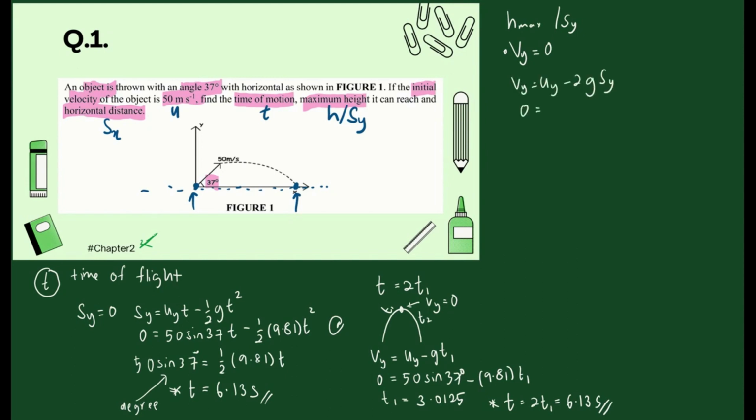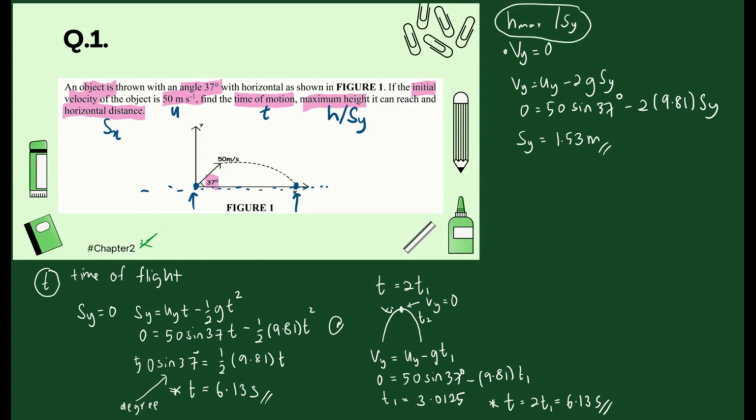So 0 equals 50 sine 37 degree, squared, minus 2 times 9.81 SY. Then you will have your SY as 1.53 meter. So this is for maximum height.